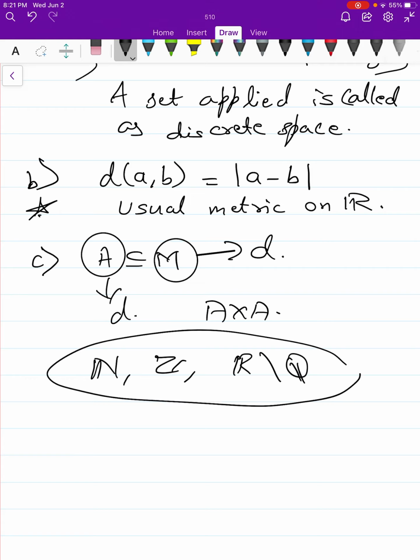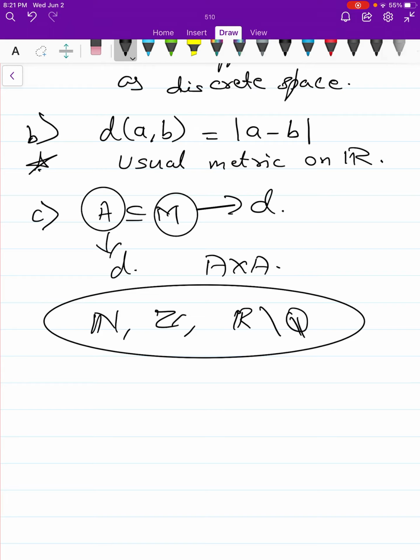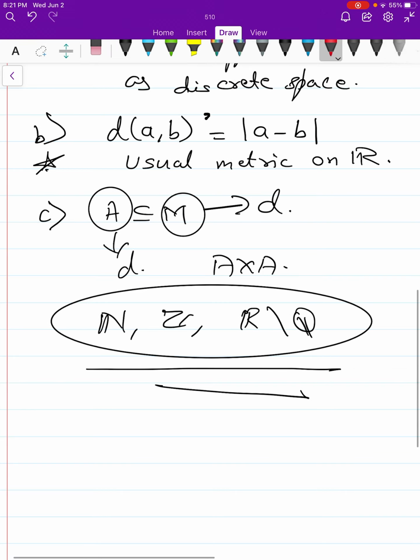So all these sets carry the usual metric on R, which means for all these sets, the restriction of the usual metric on R works.